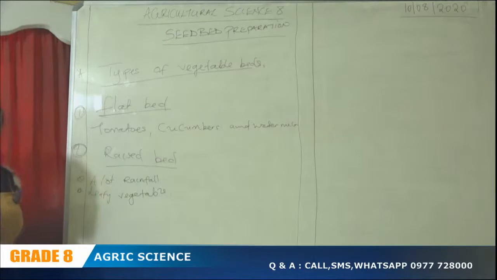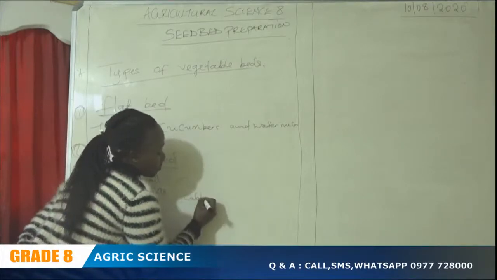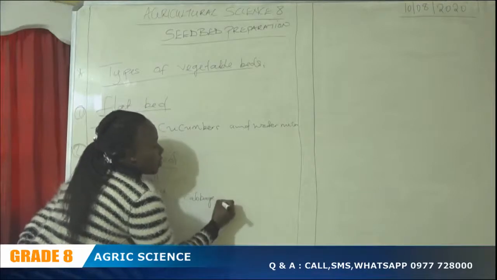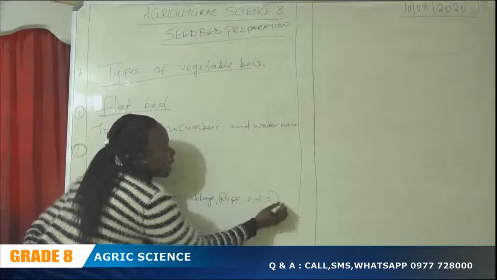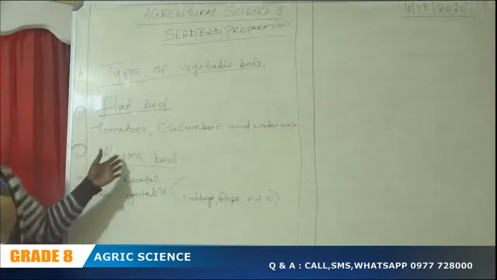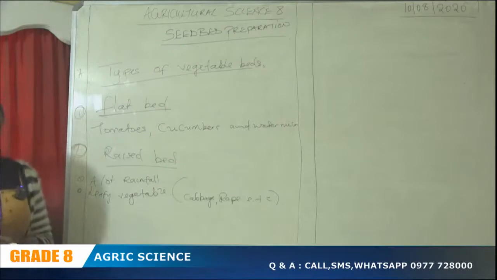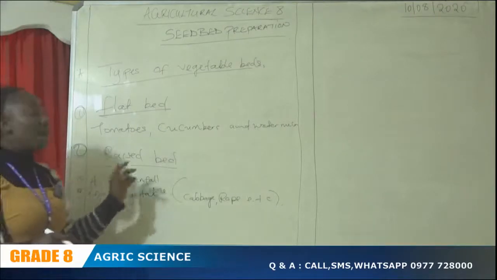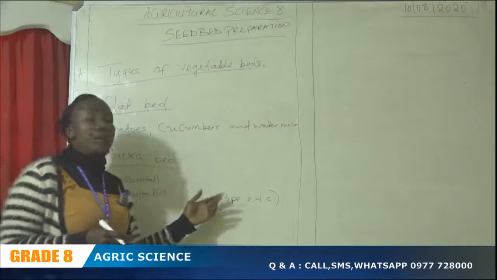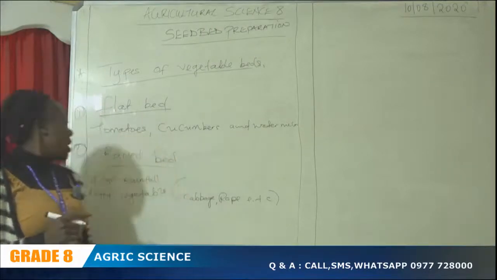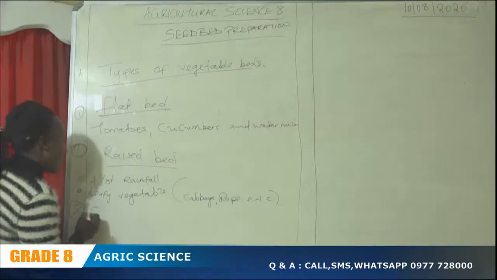Examples of leafy vegetables, we learned there's cabbage, rape, etc. Okay, so we're saying under raised beds, these beds are usually done where there's a lot of rainfall. And the kind of crops that you grow are leafy vegetables, and examples of leafy vegetables, we've got cabbage, rape, and etc.